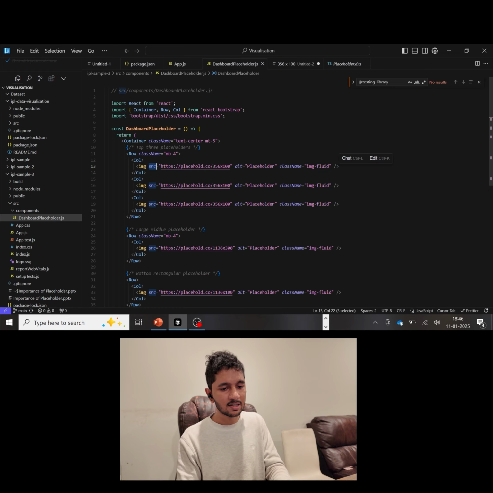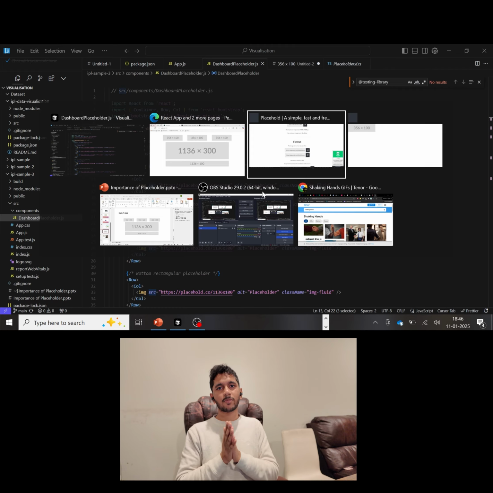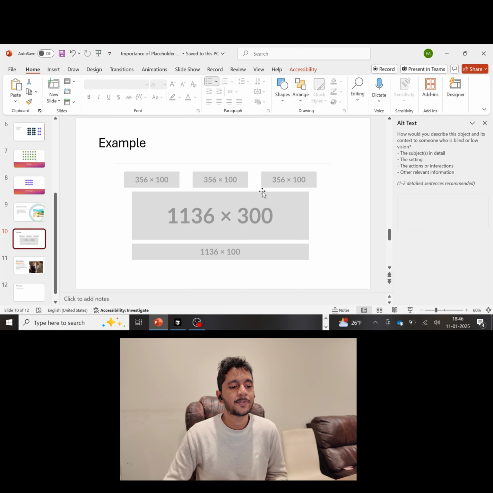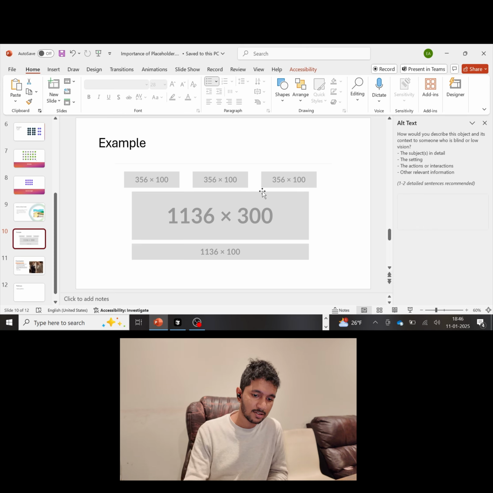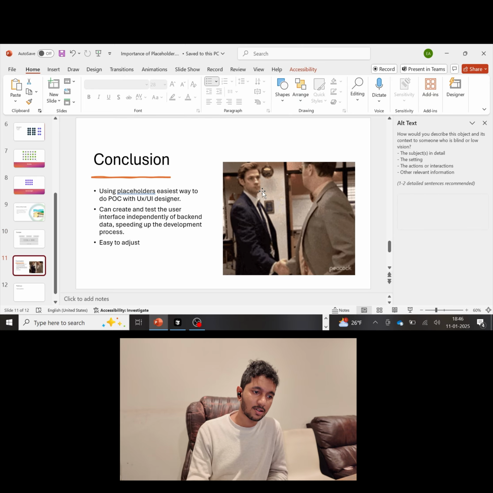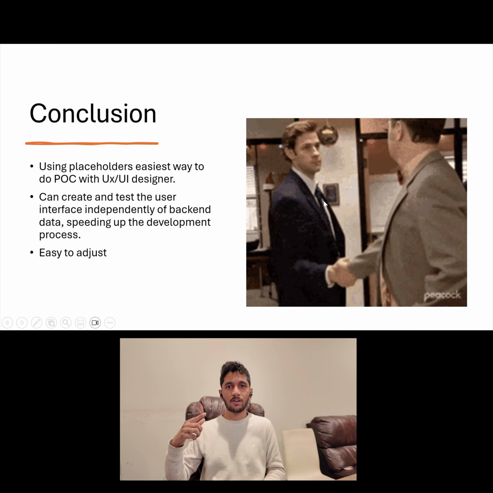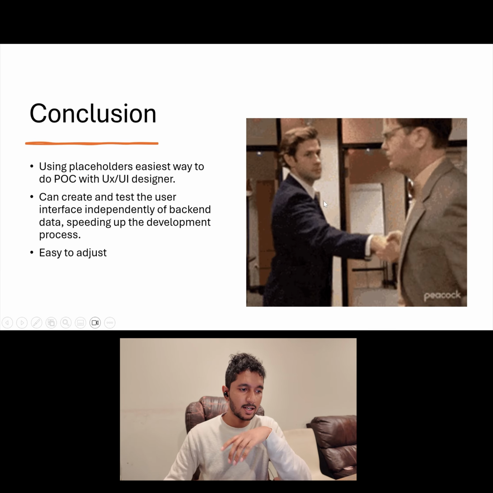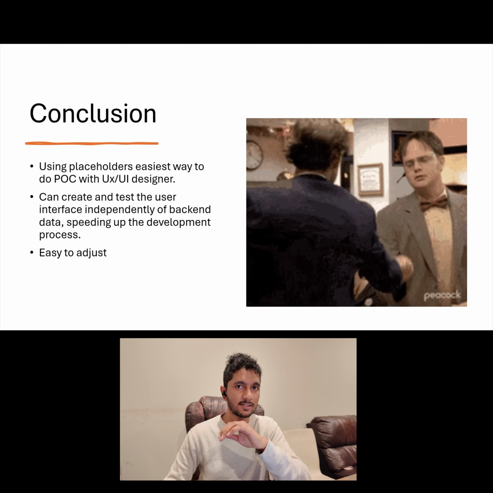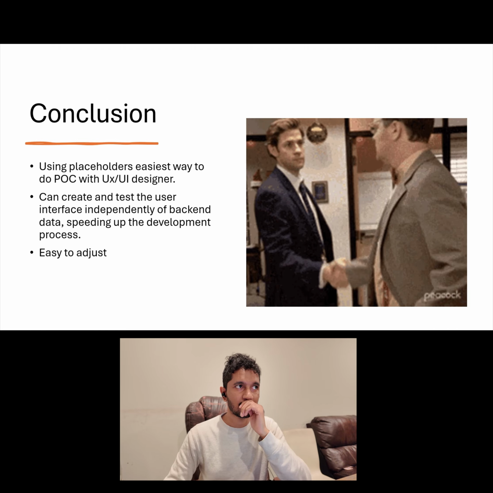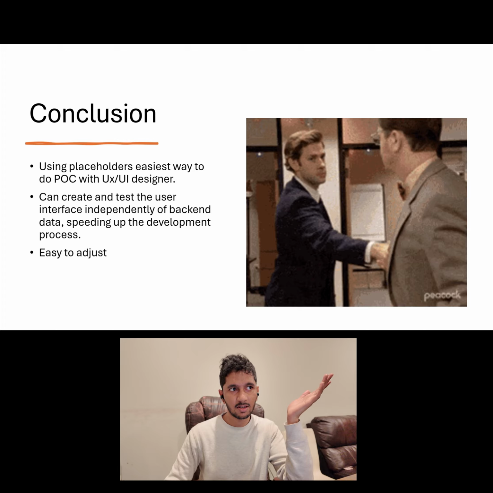But yeah, you can see how easy it is to make these changes. You can perhaps do your own prototyping. Because the biggest advantage that you get with this is that you can interact with your UX UI designer and get the POC set up in maybe 10 to 15 minutes.